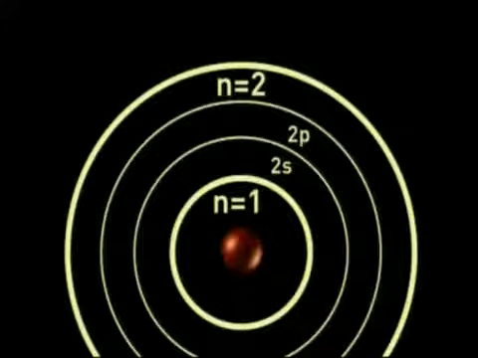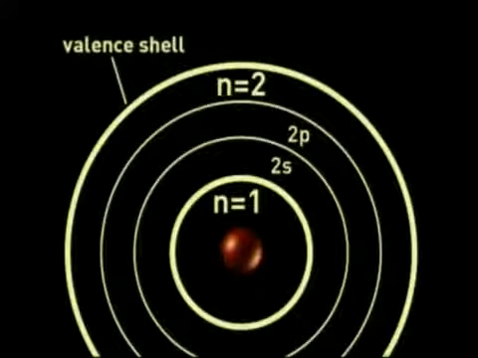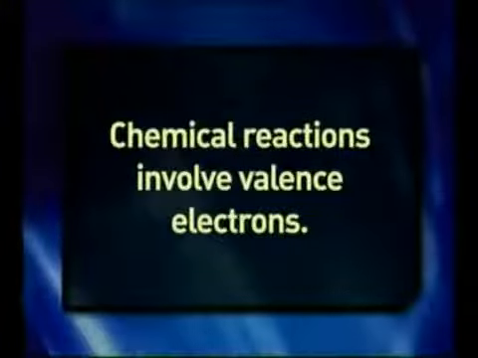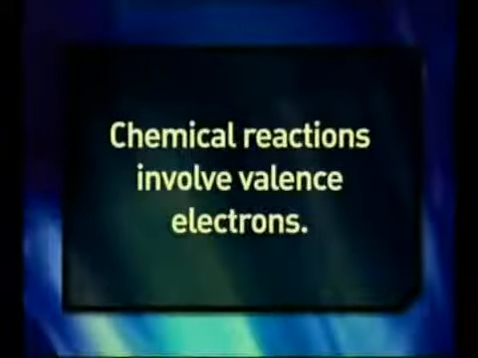The outer shell, called the valence shell, is most important in determining the properties of an element. Usually, chemical reactions involve valence electrons.